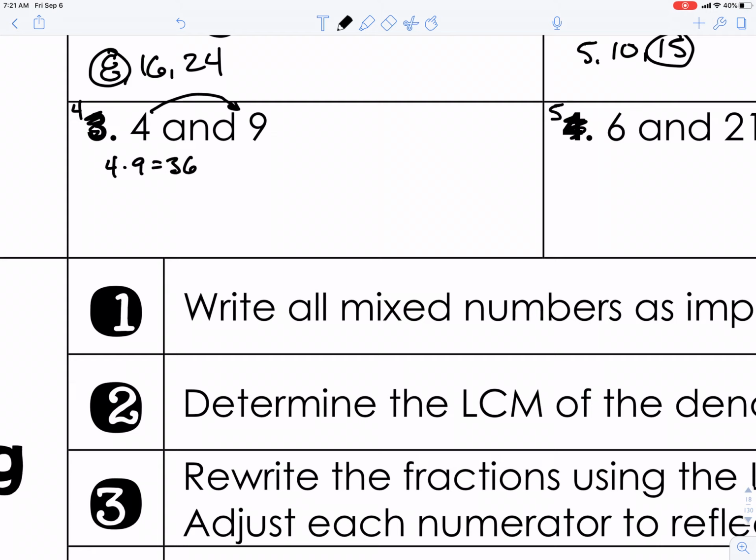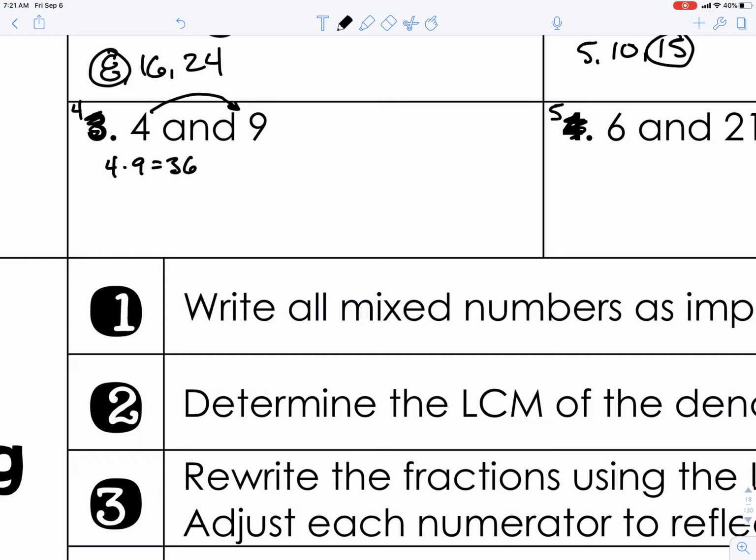And then I have to think about whether there is a smaller number that both numbers can go into. I could look at a multiplication table and check my 9 row and my 4 row to see what number appears first, numerically.